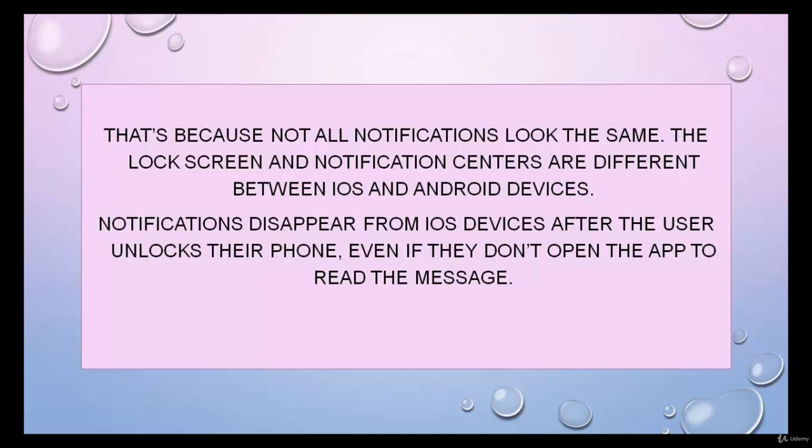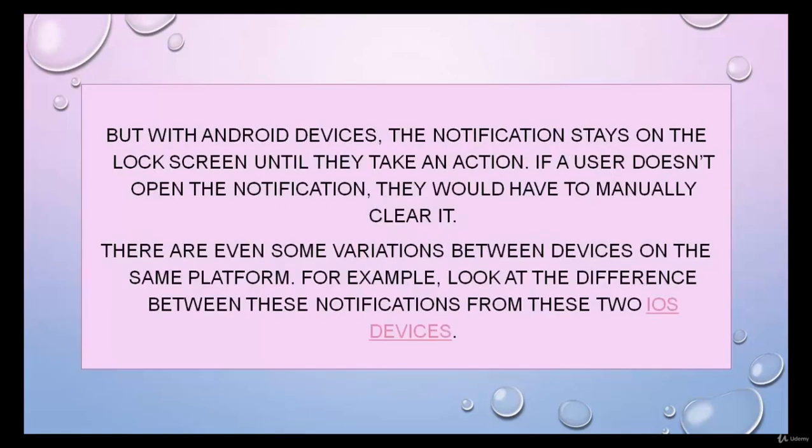Notifications disappear from iOS devices after the user unlocks their phone, even if they don't open the app to read the message. But with Android devices, the notification stays on the lock screen until they take an action. If a user doesn't open the notification, they would have to manually clear it. There are even some variations between devices on the same platform.